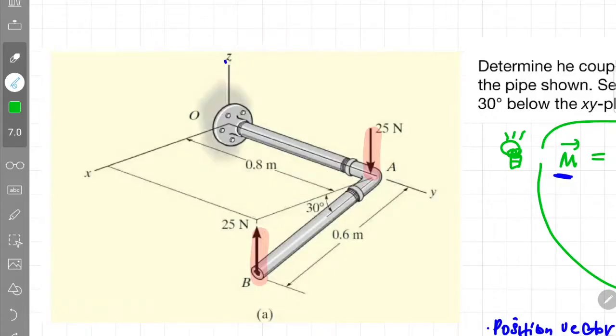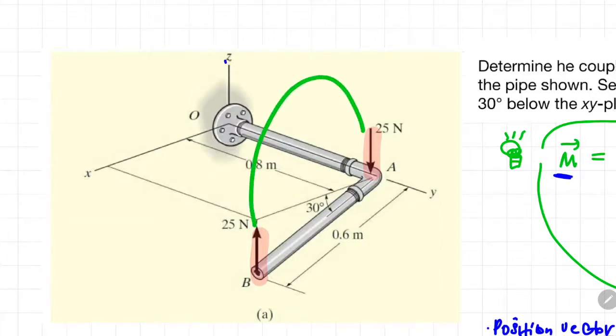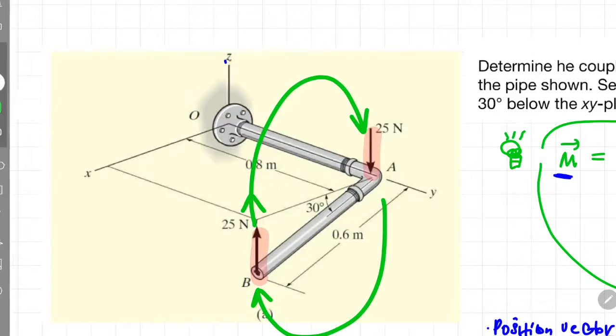So if you want to check whether your answer is correct or not, you go back to the image given and then you draw an imaginary line connecting between the couple forces. Okay, follow the direction of the couple forces. So if you look at my sketch, this is the direction of the moment. Now use your right hand rule, okay, the four fingers follow the direction of the rotation moment.